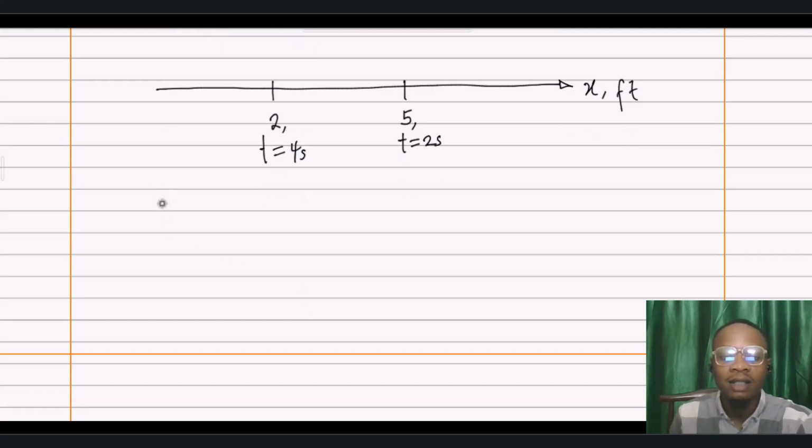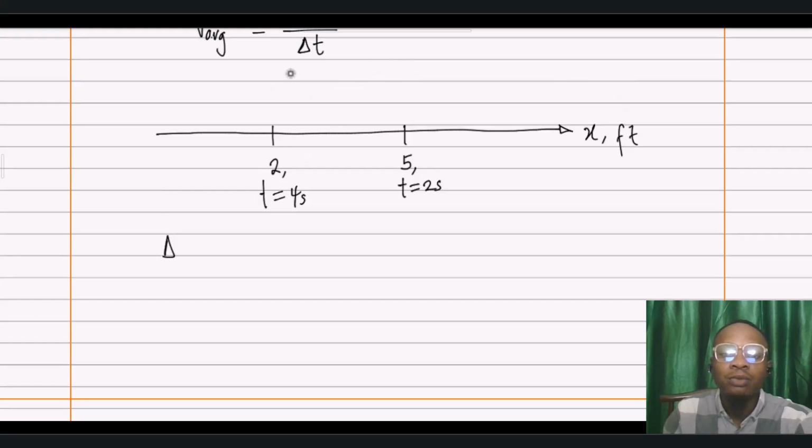We just get our delta x. We know that this was the initial time and this is the final time. If this occurred at time t equal to 2 seconds, it's obvious that the body was moving in this direction. Now it does not really matter how the body got to this point.